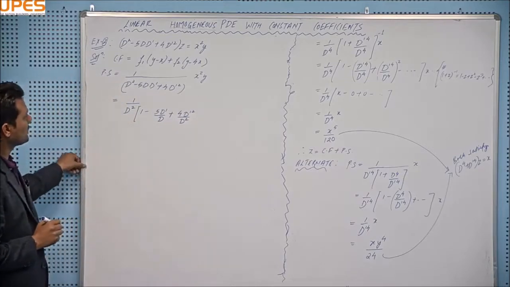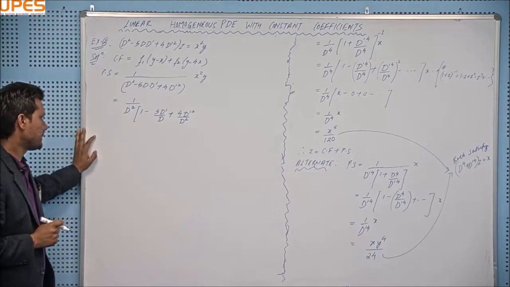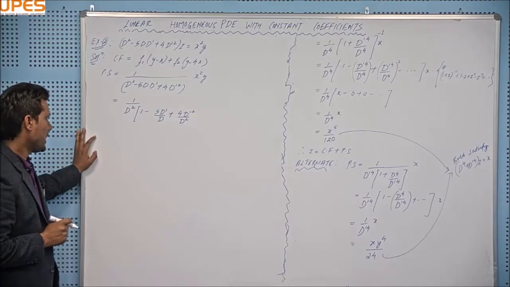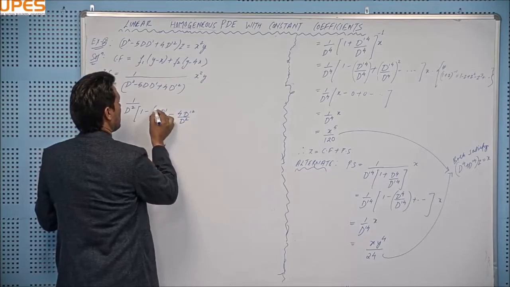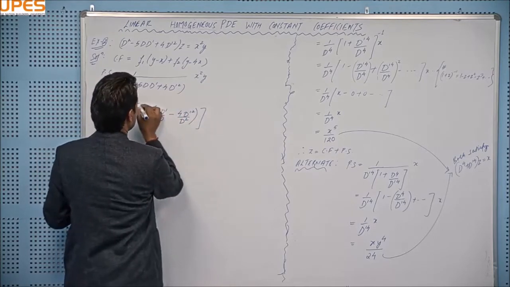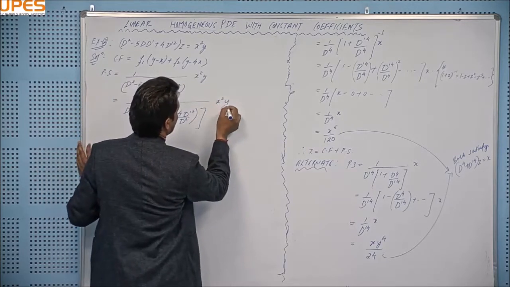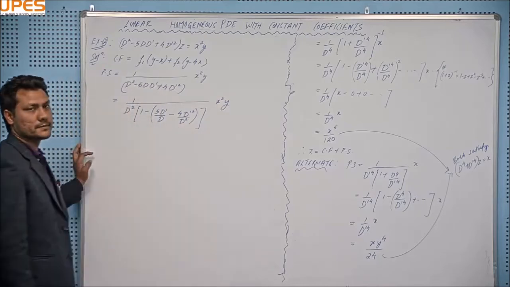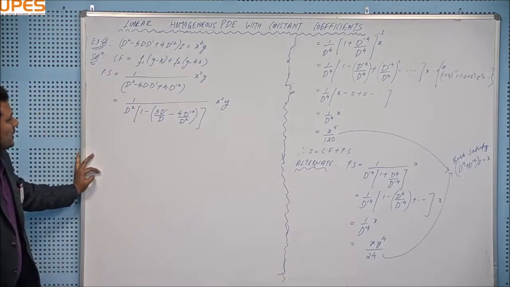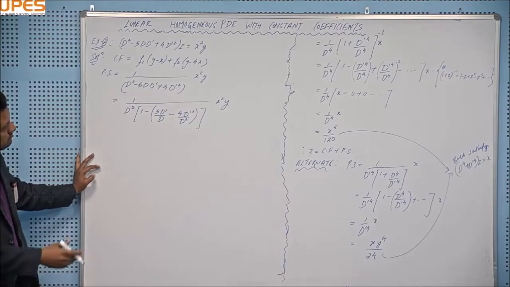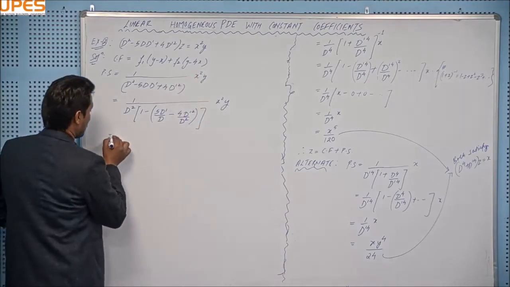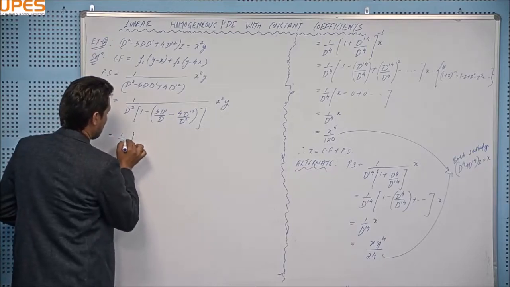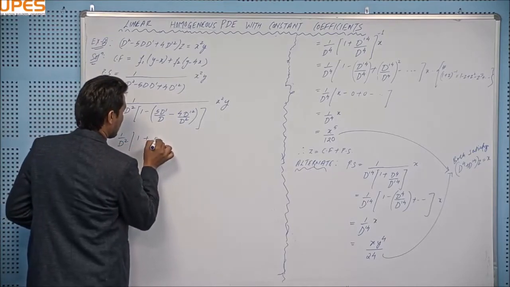Okay, taking D square common will produce this, and if I take this minus common, then I have to put minus here, and this is written in this way. Okay, and here I will have x square y, and then taking it over the numerator and then expanding it, I will get 1 by D square, 1, then plus 5 D'.